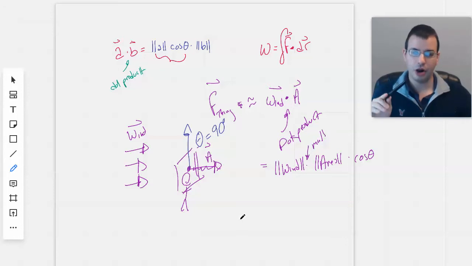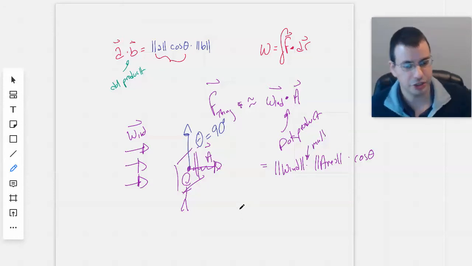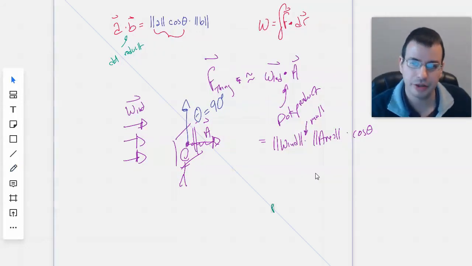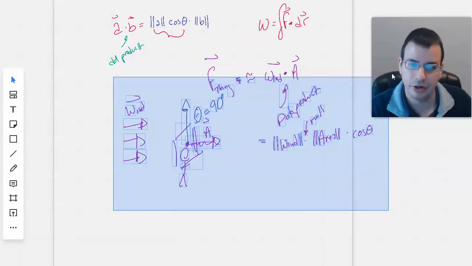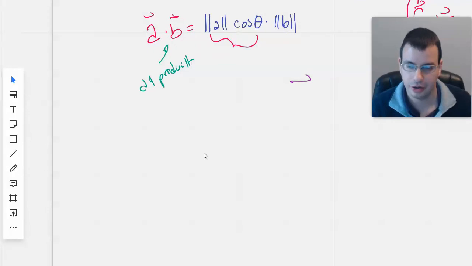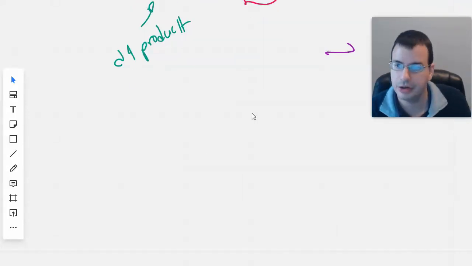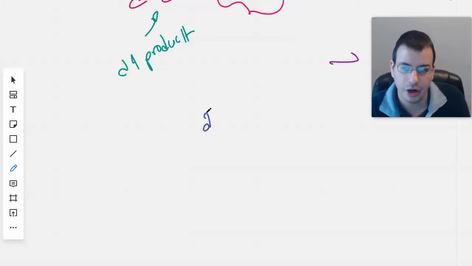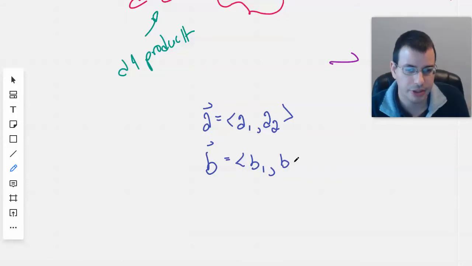The other thing that the dot product is useful for, and you've probably seen the calculation already for how to do the dot product, is this. Let's say, for example, that our A vector equals A1, A2, and our B vector equals B1, B2.